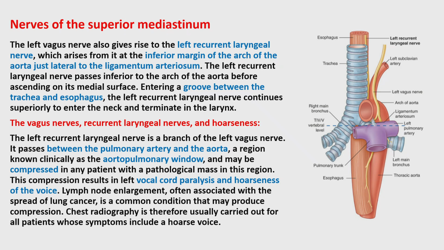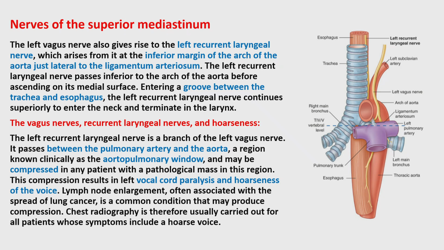And what about the right side? On the right side, we don't have the arch of the aorta. The recurrent laryngeal nerve is a little bit shorter. It makes a loop around the subclavian artery at a higher level, so that's why you don't see the recurrent laryngeal nerve on the right side in the superior mediastinum.